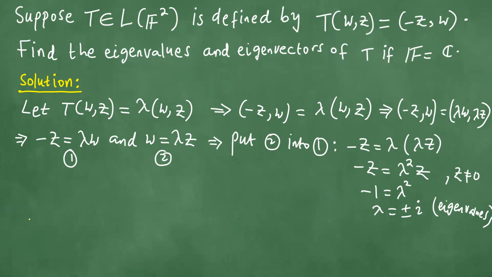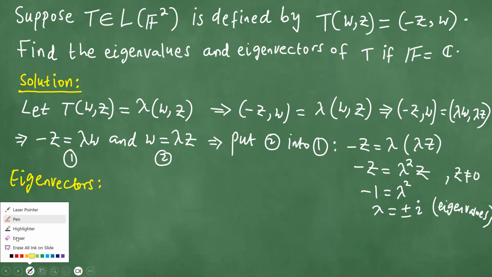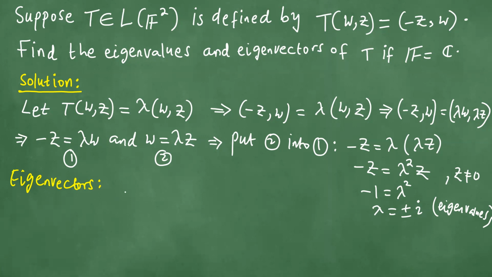From the point that −Z is λW, that means Z is −λW.